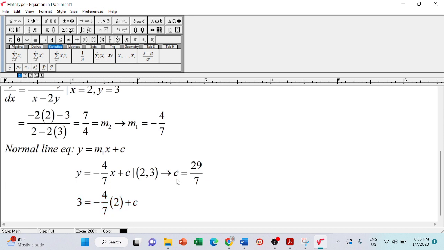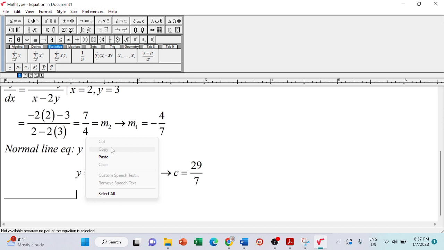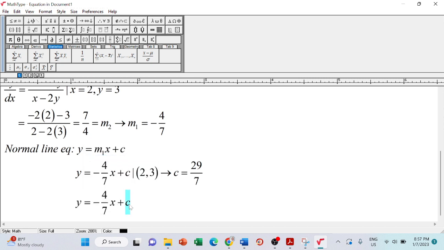Okay, so here when we substitute we get this equation as I highlighted. So c you will get as 3 plus 8/7, then you get this c value, the one given by Syarulata. Once we get the c value, we substitute it back into this equation, c as 29/7.